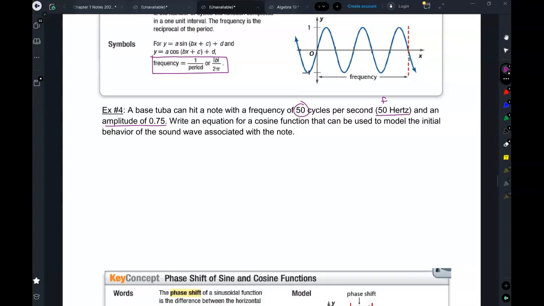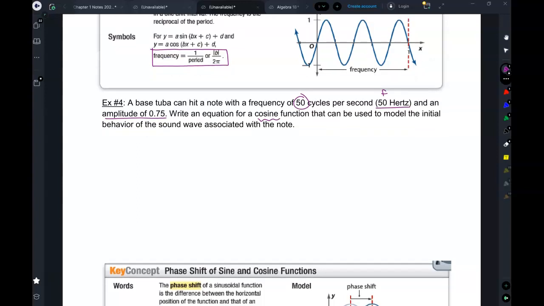Write an equation of a cosine function that can be used to model the initial behavior of the sound wave associated with the note. Okay, so let's write a cosine function. What does a cosine function look like? A cosine bx plus c, plus d. So what are we given here?